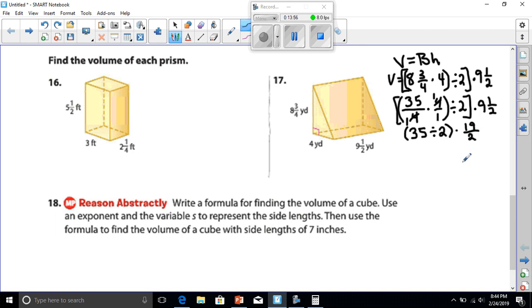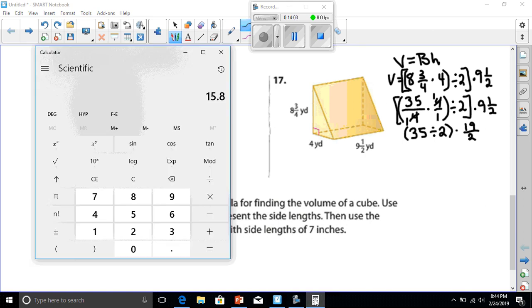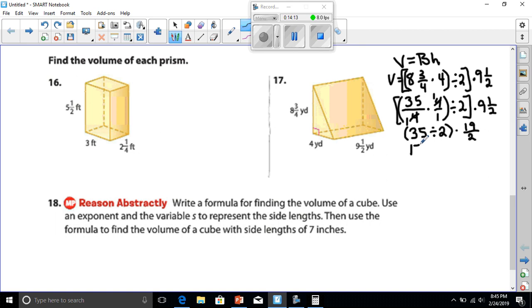Let's move on. Well, 35 divided by 2. I'm pretty sure that's going to give me 17.5, but let's go ahead and make sure. 35 divided by 2 equals, yep, 17.5. So now I've got 17.5 times 19 divided by 2.